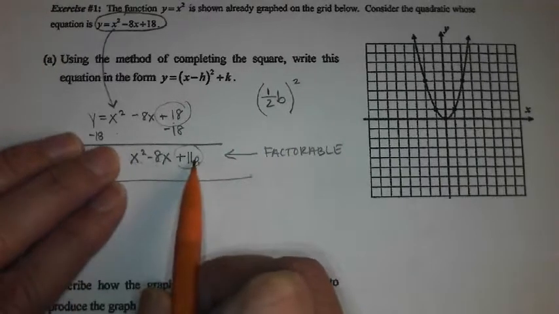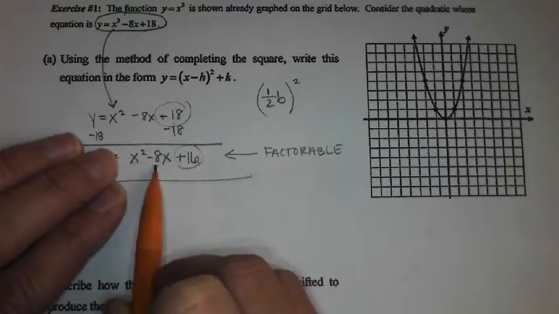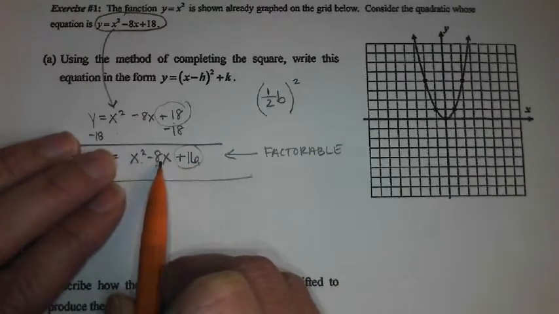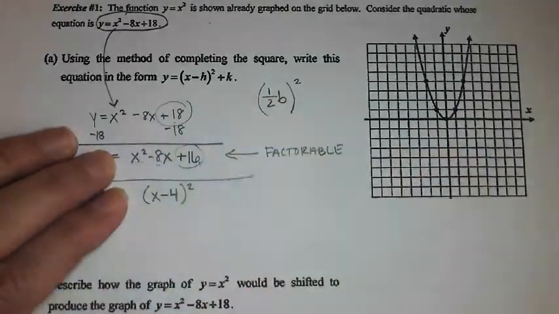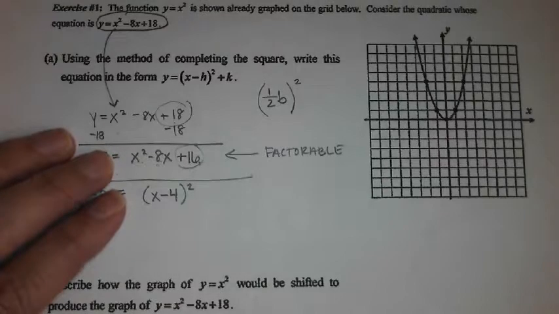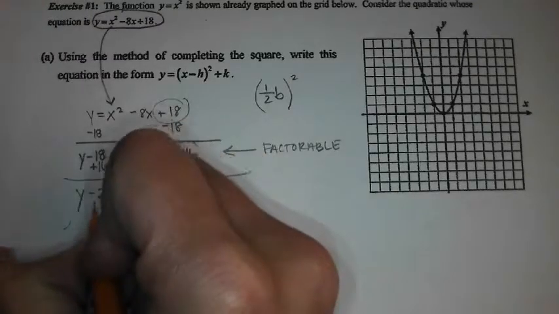What's the square root of 16? 4. And is the middle term double 4x? Yes. It's a negative, but it factors into x minus 4 squared. Factors into x minus 4 times x minus 4, which is x minus 4 squared. And then we add 2 to both sides.